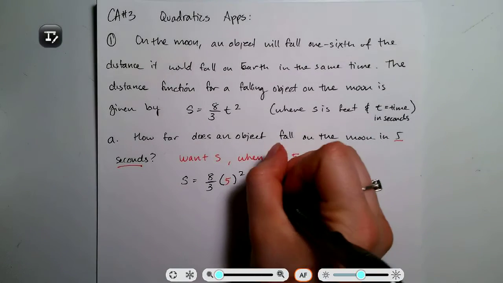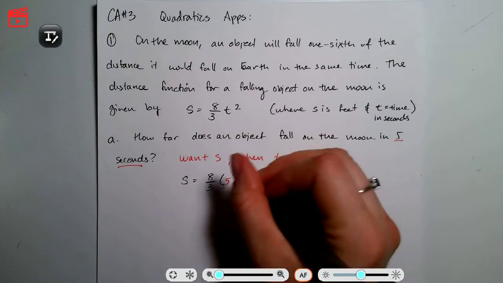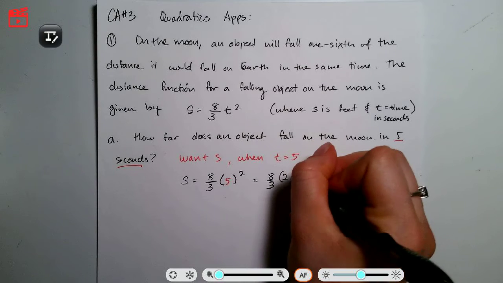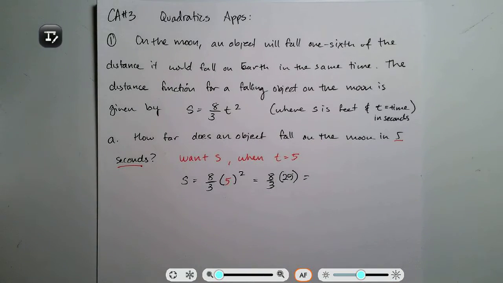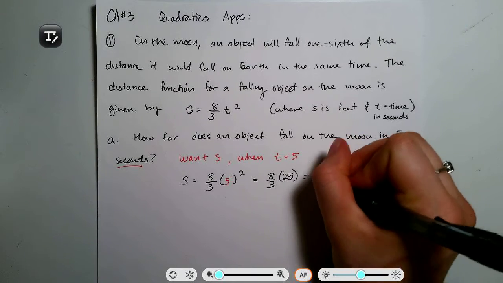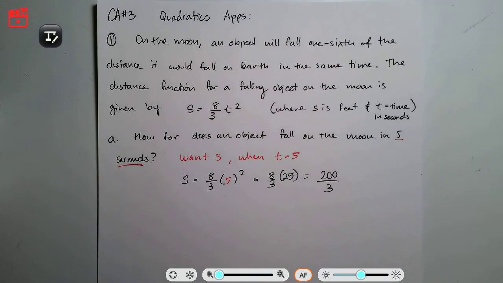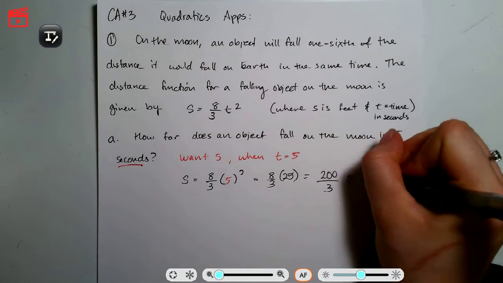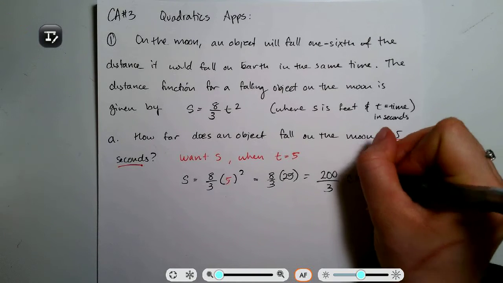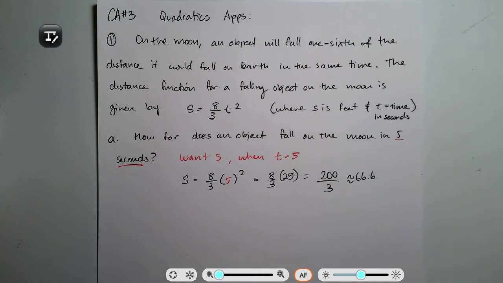So what would that be? 8 over 3, 5 squared is 25. Let's plug that into our calculator. 25 times 8, yep, 200, all over 3. Roughly about 6.667.